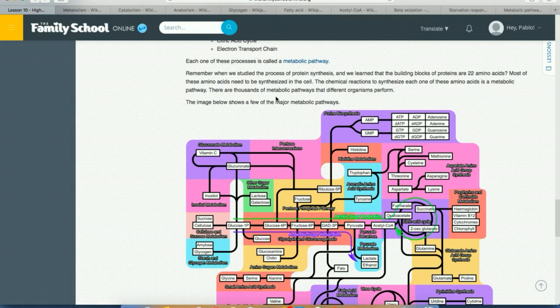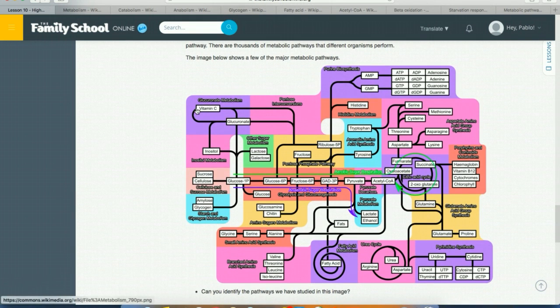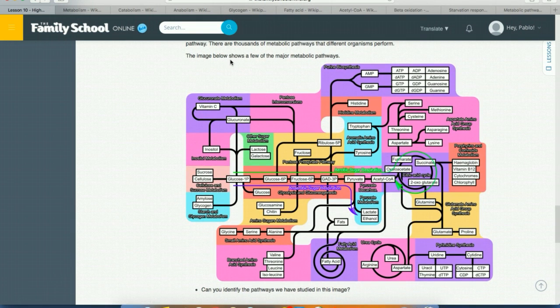There are thousands of metabolic pathways that different organisms perform. Okay, so everything that is produced in the body is one of these metabolic pathways. And the image below shows a few of the major metabolic pathways.